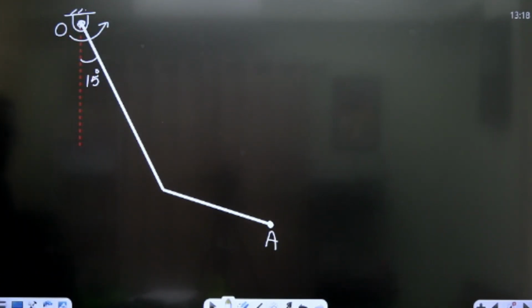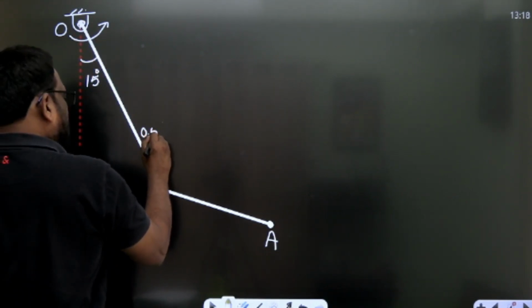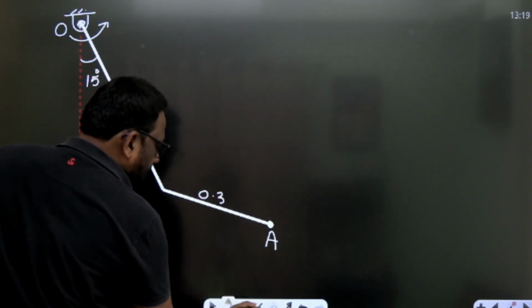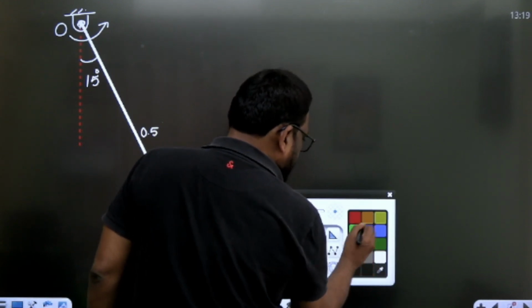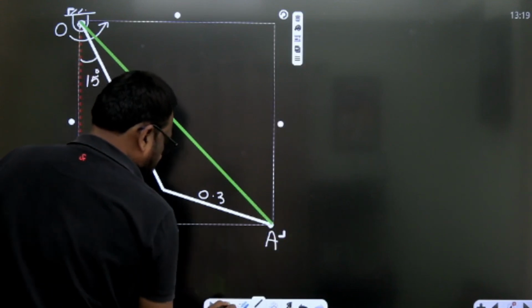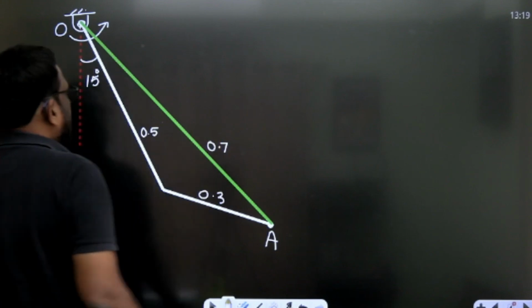Very simple, sir. Let's go. This length is given as 0.5 and this length is given as 0.3, and already we have calculated this length, my dear students, and this length is 0.7. All are in meter.